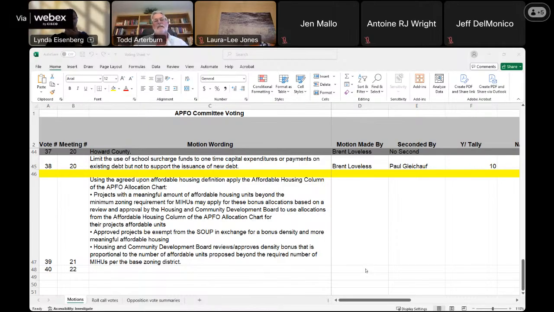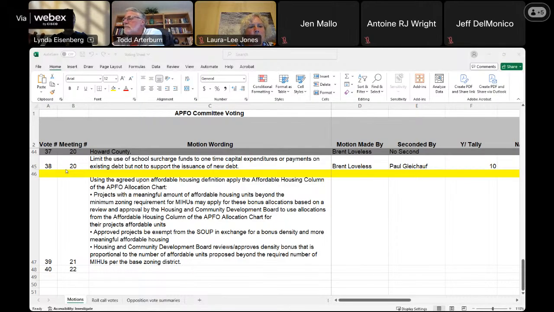Okay, so one of the items that this committee was also charged with, in addition to the definition of affordable housing, is to discuss how to use the affordable housing column on the allocation chart. So the allocation chart is, again, that test of where do our housing allocations come from when we have development projects come through. That's the first test that is taken when a residential development project comes forward.